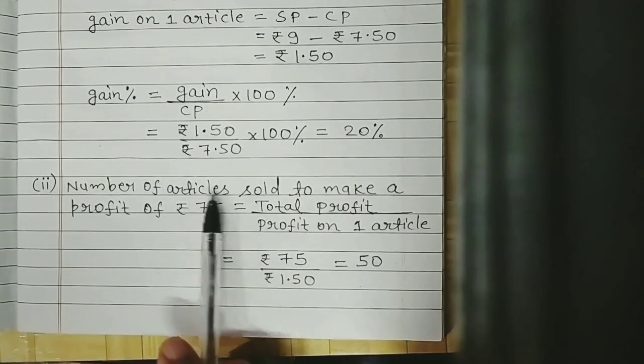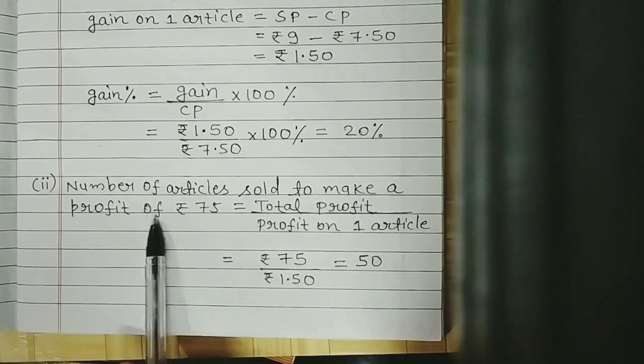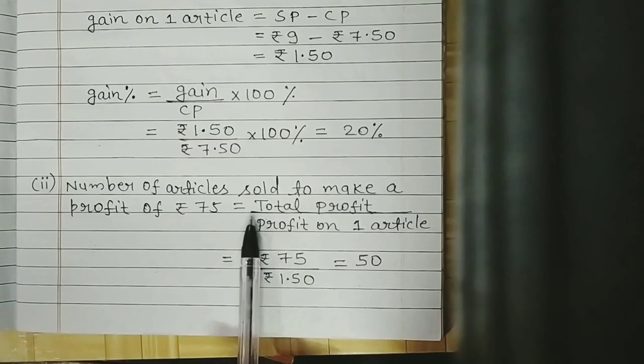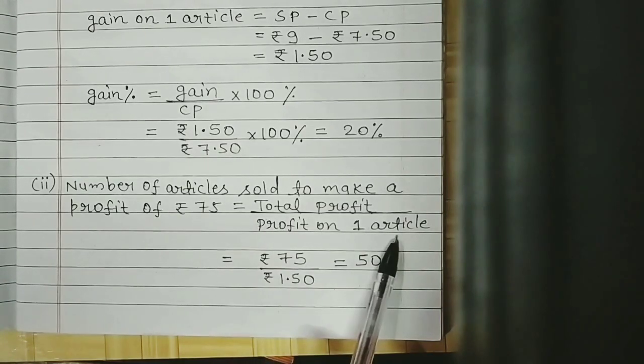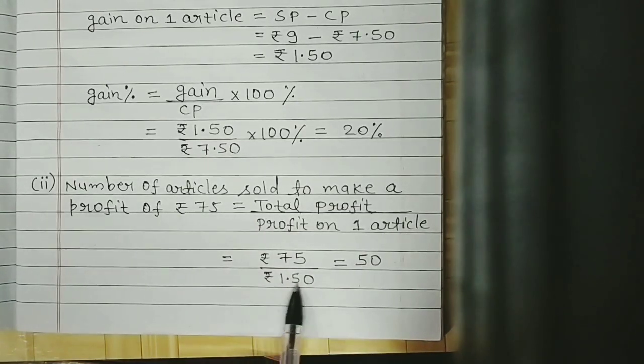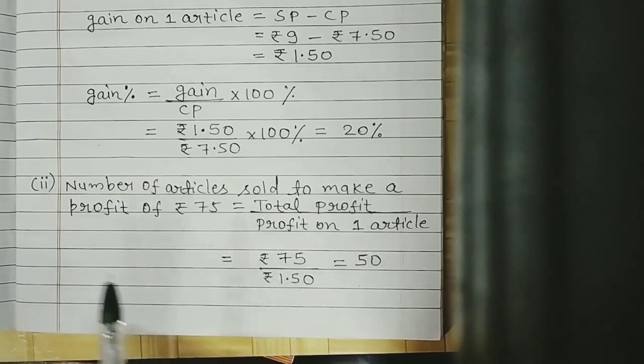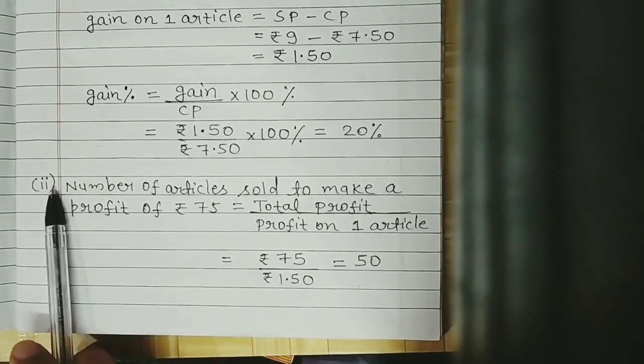Now profit on one article is rupees 1.50, as we have already calculated, and it is equal to 50, and this is our answer for the second question. Clear?